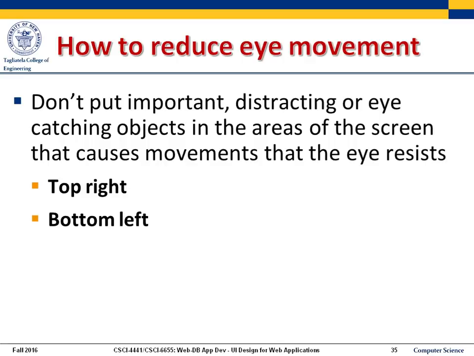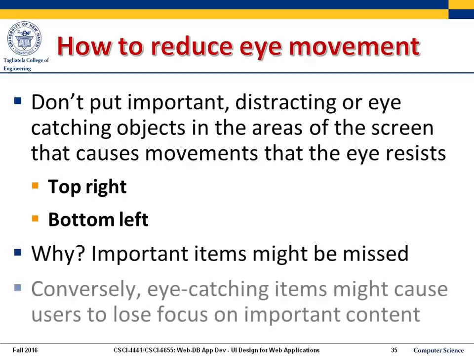Okay? So very simple, but what you're doing is you're playing towards people's natural capabilities, because you could miss them. Conversely, if you put things that are eye-catching in the wrong place that really are not important, then you're taking them away from the things you want them to focus on.